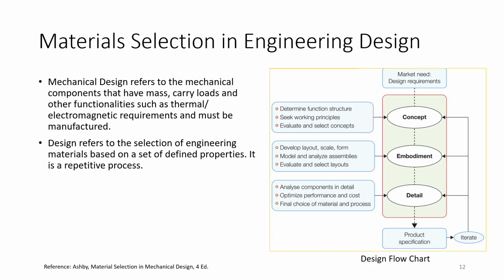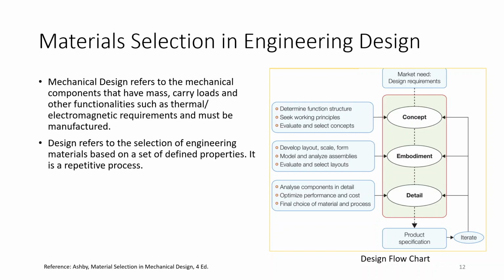And this is the design flow chart. So first you have to figure out what the market needs, then based on that what the design requirements are, then based on that you come up with a concept in which you determine function structure, seek working principles and evaluate and select concepts. Then you go to embodiment of the concept.